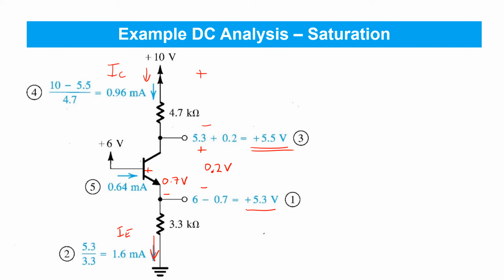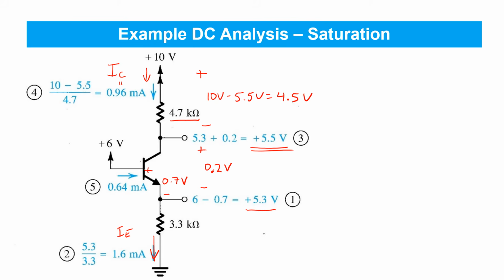So specifically, we know the voltage drop here is 10 minus 5.5, or 4.5 volts across this 4.7K resistor, and that then allows us to calculate the collector current using Ohm's law. Right? The collector current is just under a milliamp because we've got 4.5 volts across a 4.7K resistor. So it turns out it's 0.96.